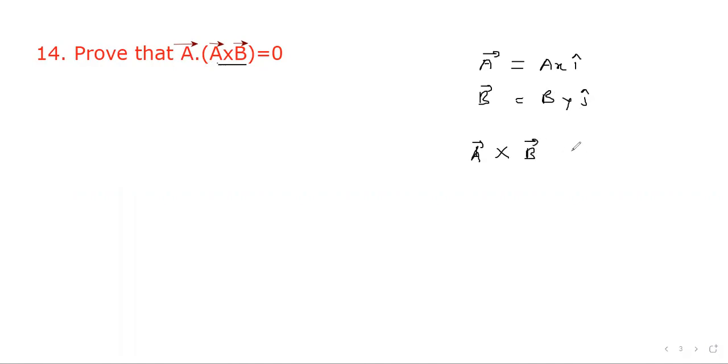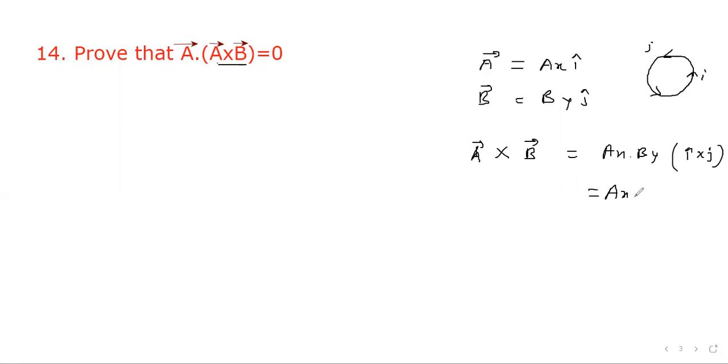Suppose we take A cross B. It will be equal to Ax By, and then i cross j. And we know if this is i, this is j, then i cross j will be k.